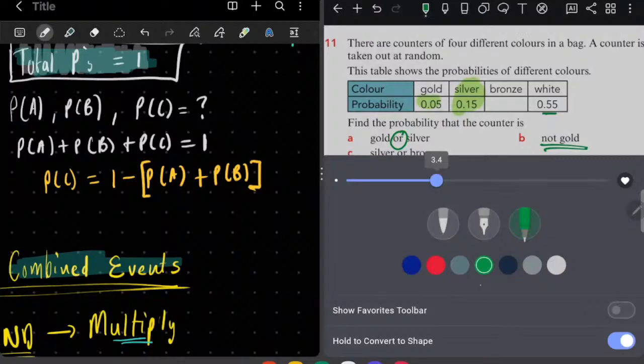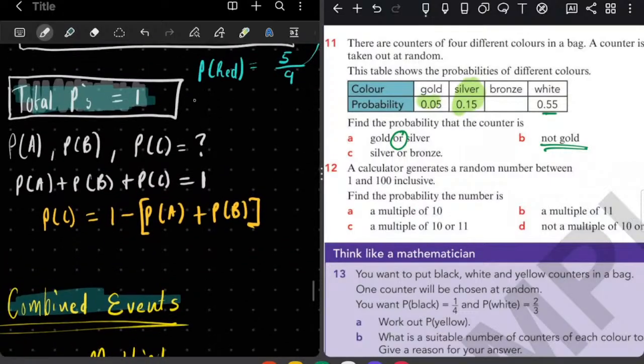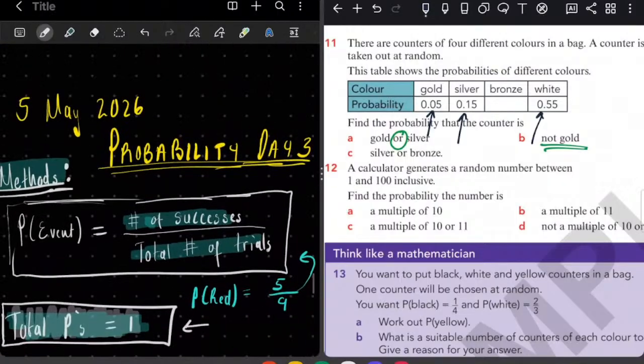Why did you say that, 80? Show me that you're confident. Why did you say that we use the second one, which says add the probabilities to give you 1? You say because we have other probabilities. I get it. Because we have other probabilities. The moment you have other probabilities, you use the idea that probabilities add to give you 1. The first one you use when you have numbers of things.